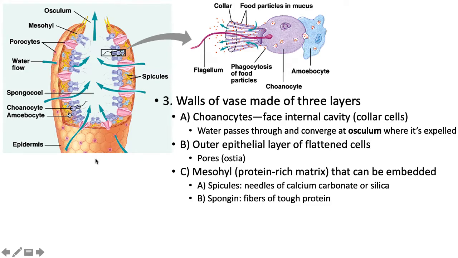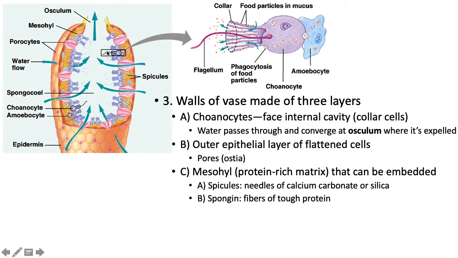And sponges have pores in them. Just think about a sponge; the sponges that you buy in a store were sometimes living organisms. What happens is that water filters through these pores and will converge at the osculum and be expelled out.